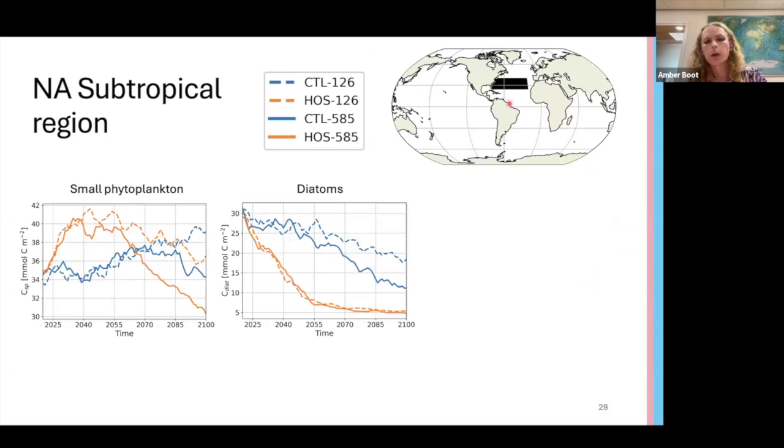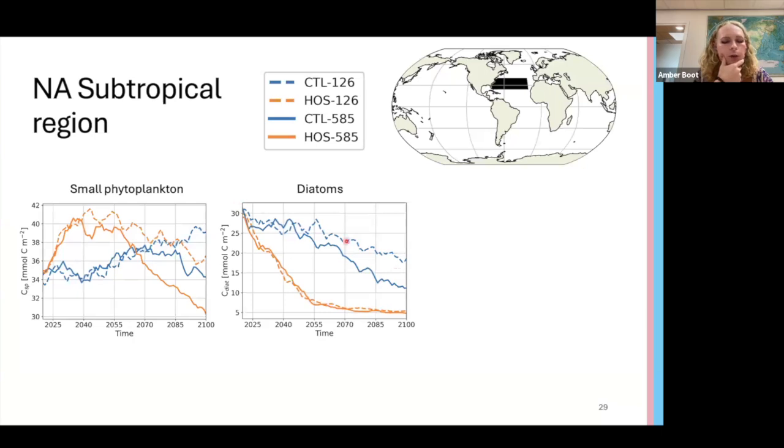So I will now look at the variables averaged over this region. Here I show small phytoplankton and diatom biomass. In the control simulation, the blue lines, small phytoplankton biomass shows a moderate increase, while diatom biomass shows quite a large decrease.